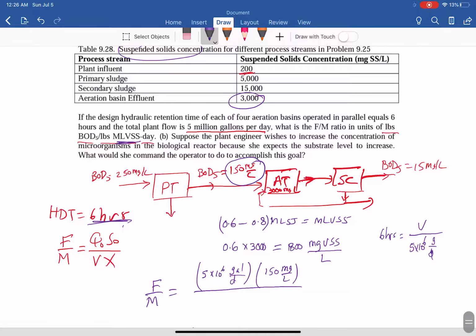So 6 hours over 24 hours per day, times 5 times 10 to the 6 gallon per day. Now day with day, so you'll end up with volume in gallons.